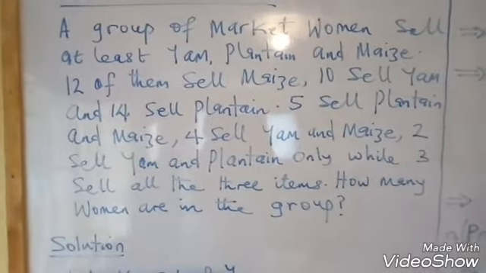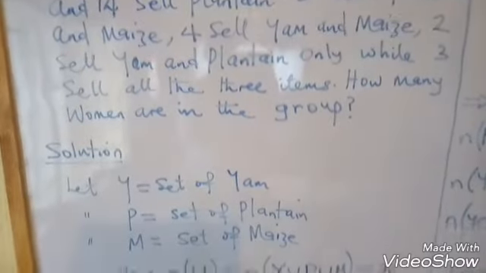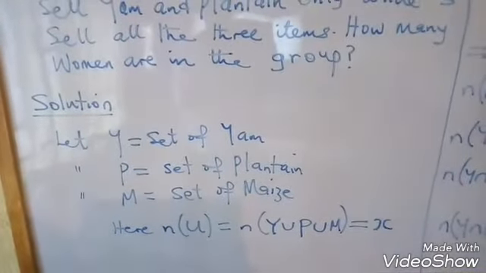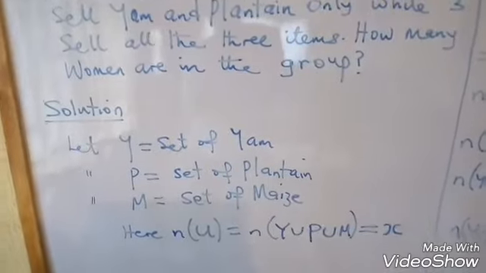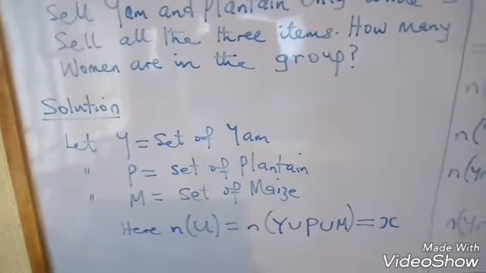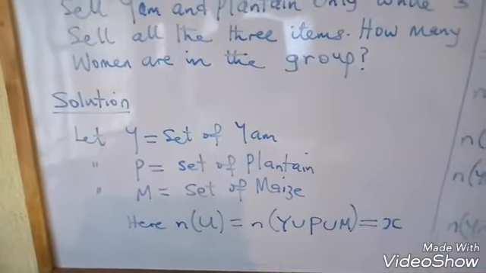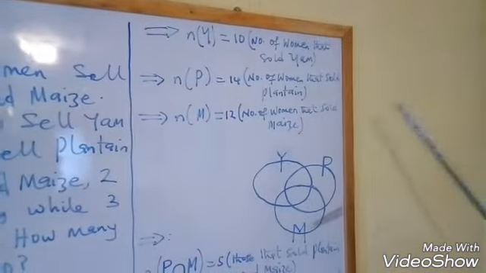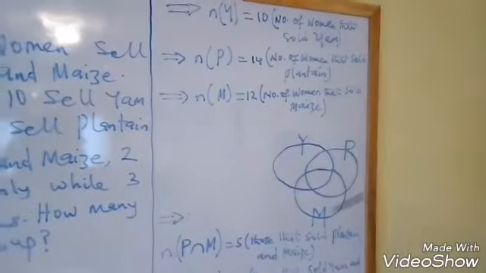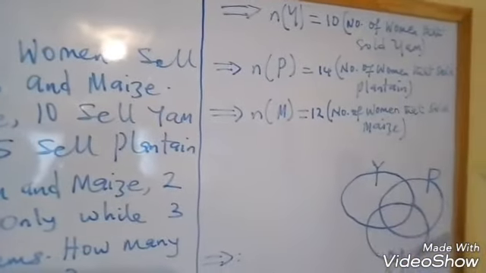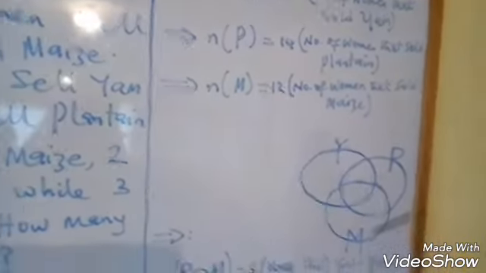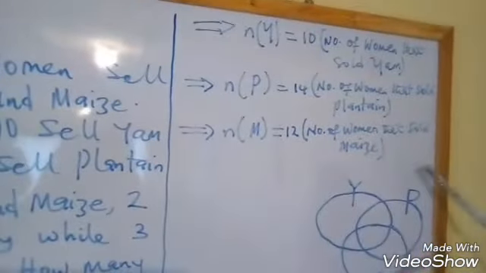So n of U now is equal to n of Y union P union M equals x, where x is the number of women in the group of market women. Then n of Y equals 10, the number of women that sold yam. n of P equals 14, the number of women that sold plantain. n of M equals 12, the number of women that sold maize.